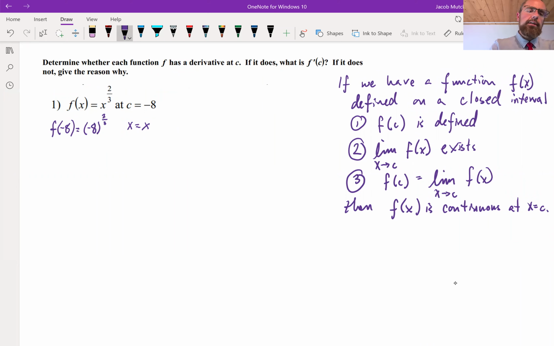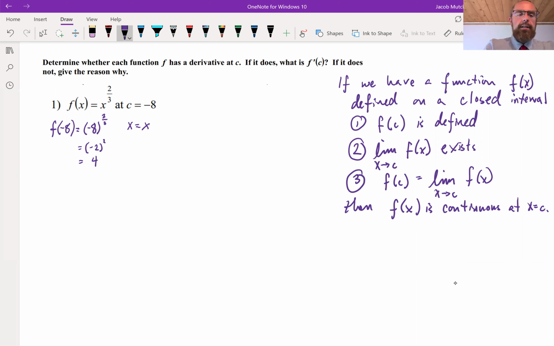I want to evaluate that and get a single value. So remember, when I have a rational exponent, the denominator is a root. The cube root of -8 is -2. So this becomes -2 to the power of 2. And -2 times -2 is 4. So that's my f at c is 4.